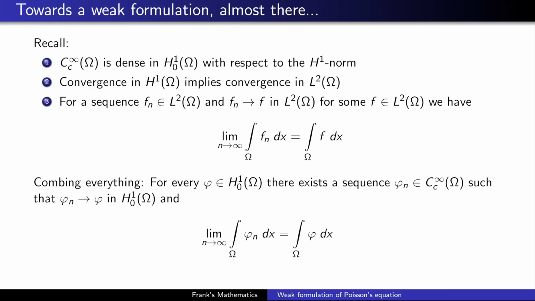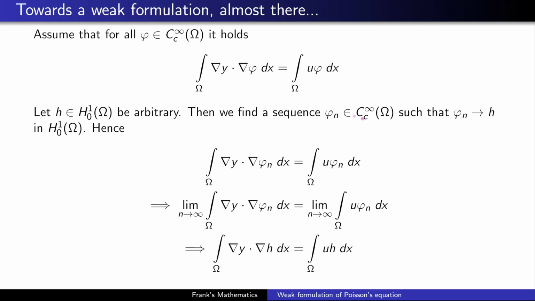How is this now helpful? Well, let's assume that the following integral expression holds true for all test functions phi, and let h in H01 be arbitrary. Then we can find a sequence of test functions which converge in our space H01. Since phi_n are test functions, this integral expression must hold true.